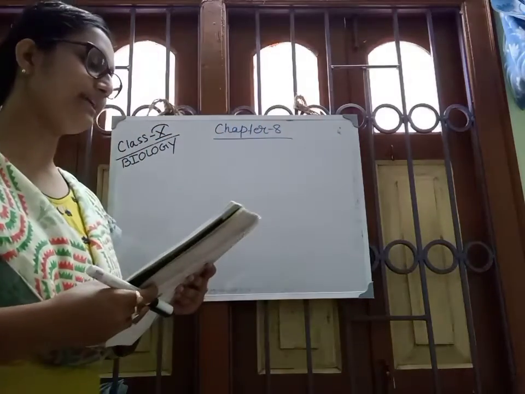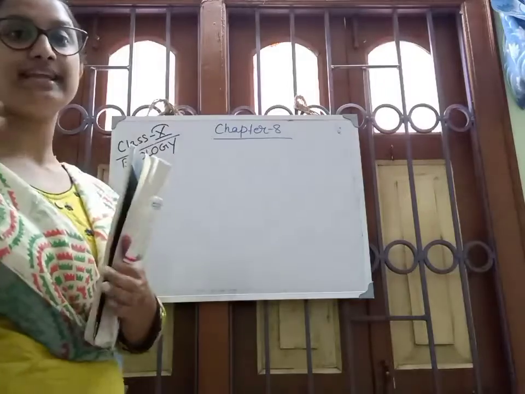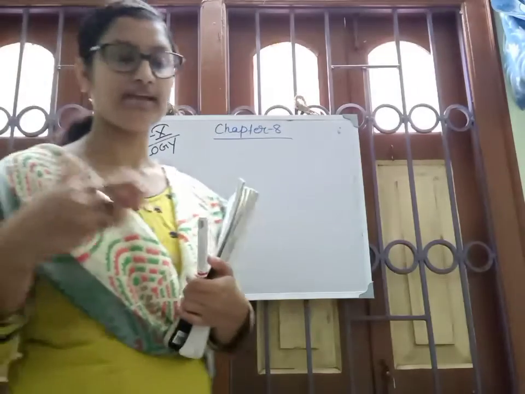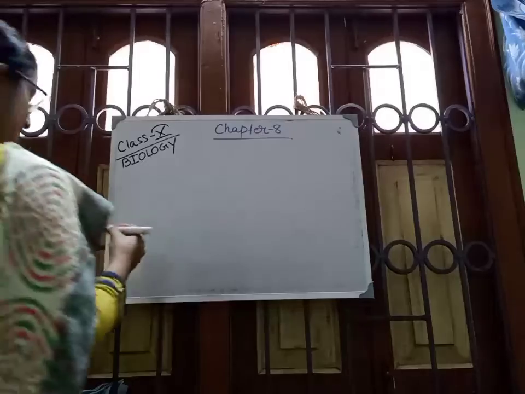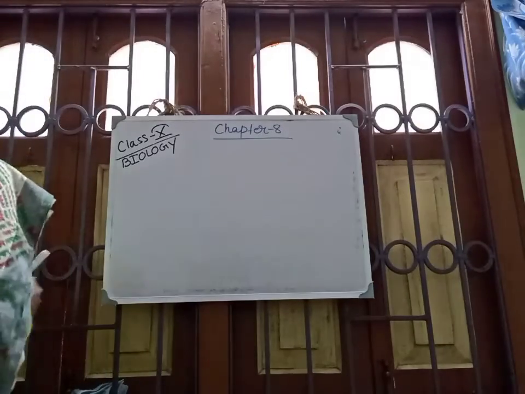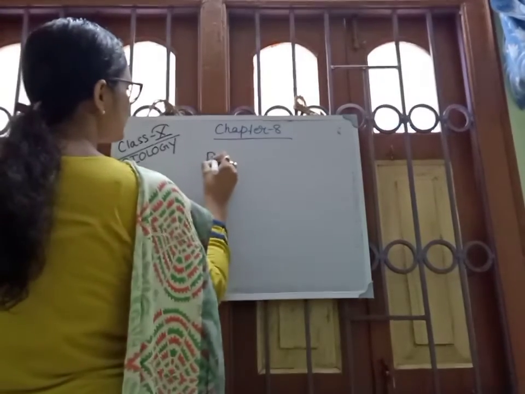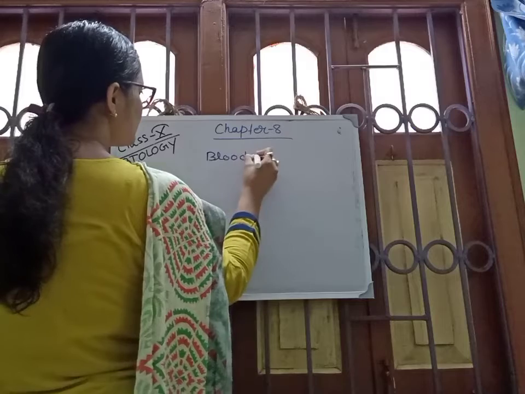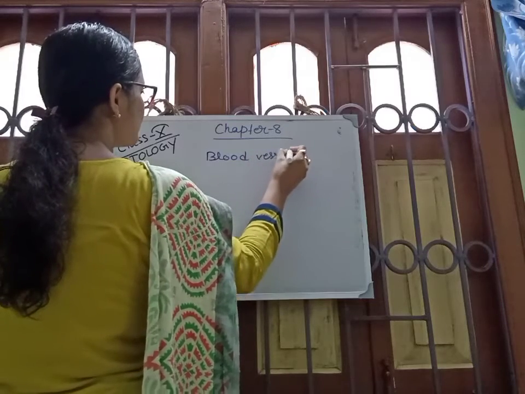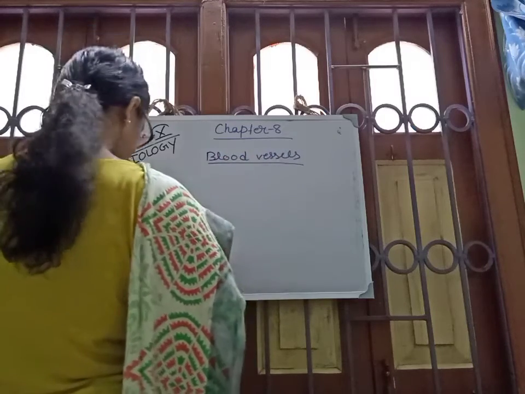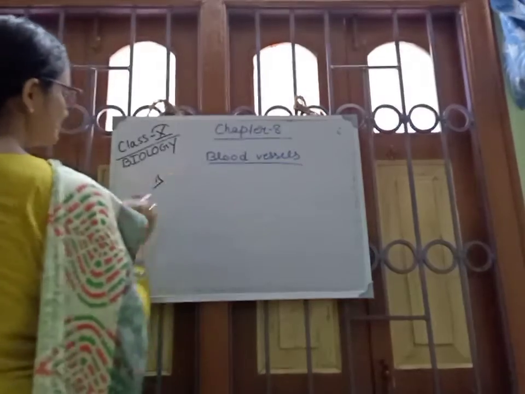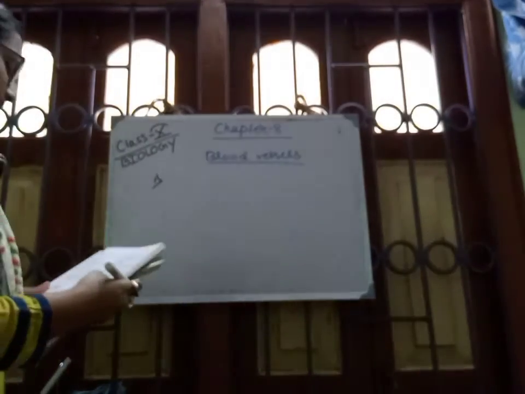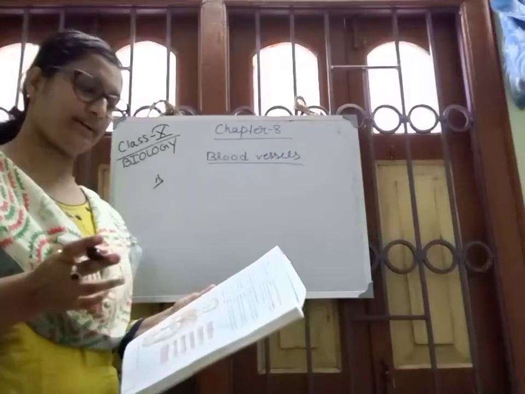This is the great blood vessels. First, the blood vessels entering the heart: the superior vena cava and inferior vena cava.